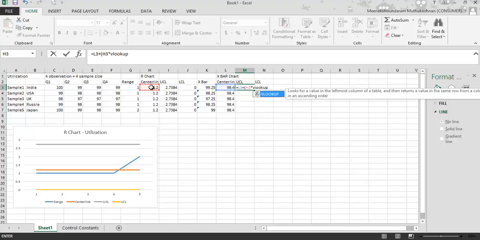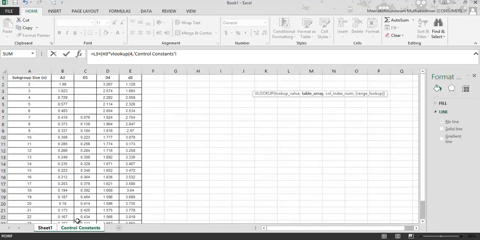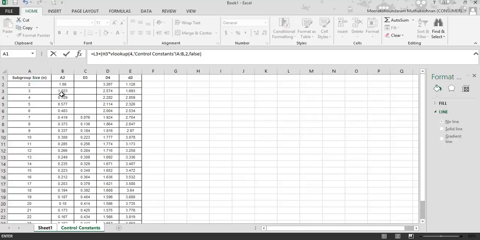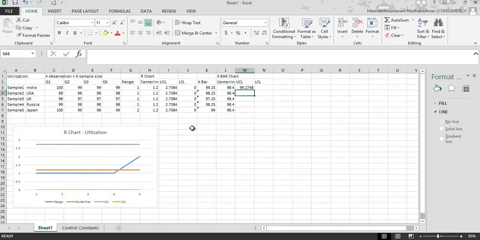So we use VLOOKUP, the sample size we have is 4, look for the 4, and for the XBAR R chart we use the constant from the A2 column. So for the sample size 4 we will get 0.729. So this is the value we have.